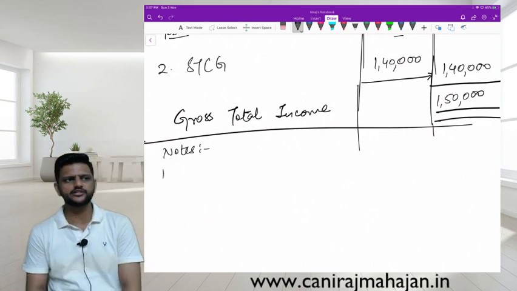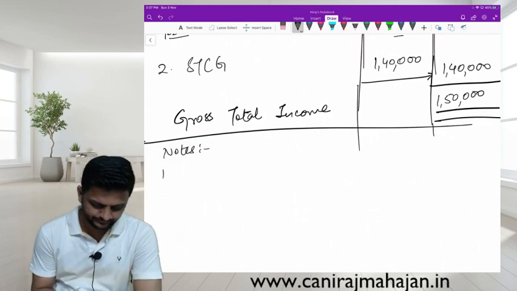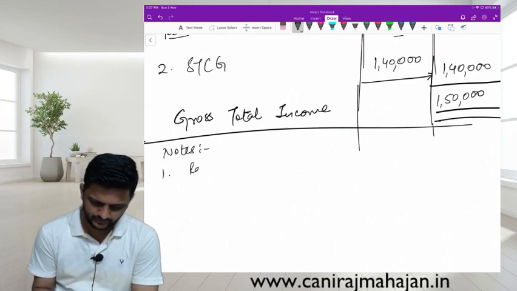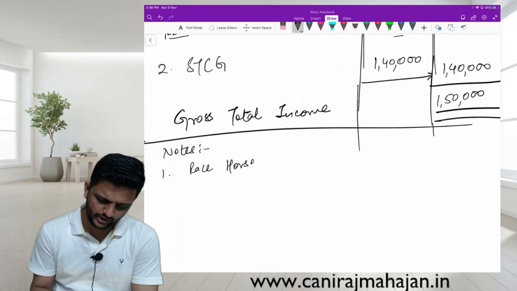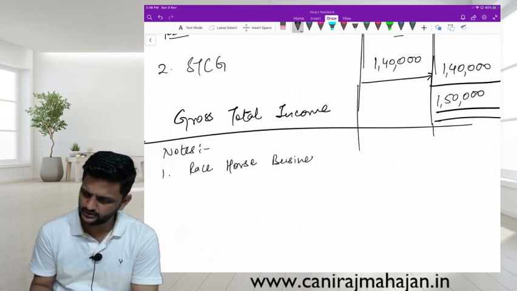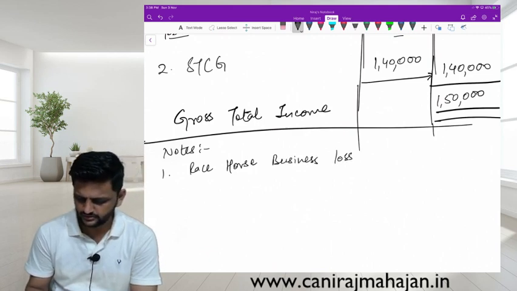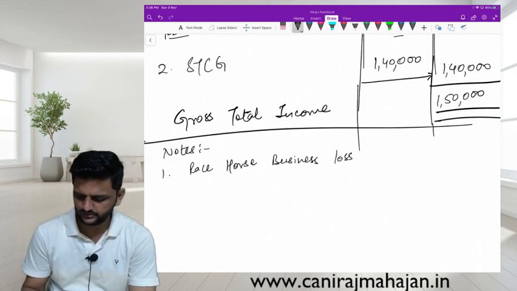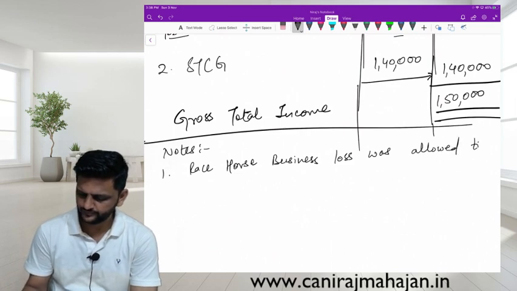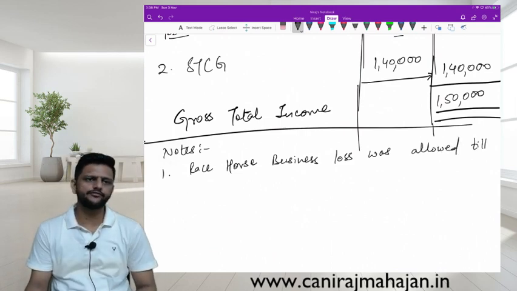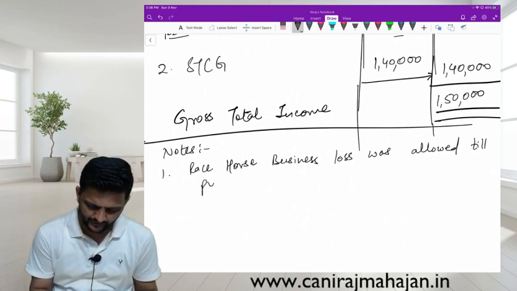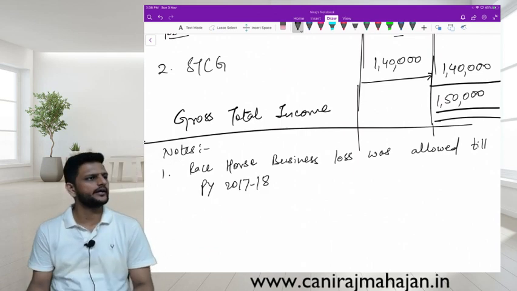Notes. We'll first write down the ones which have lapsed. Racehorse business loss was allowed till, it relates to AY 14, 15, that is PY 13, 14, 15, 16, 17, 18. PY 17, 18.